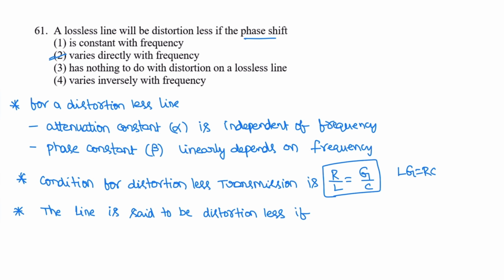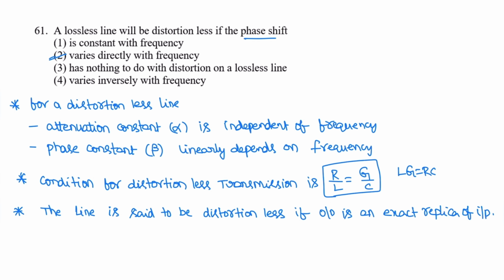A line is said to be distortionless if the output of this transmission line is an exact replica of the input. And one more point is, every lossless line is distortionless but the converse is not true. These are the points related to distortionless line.